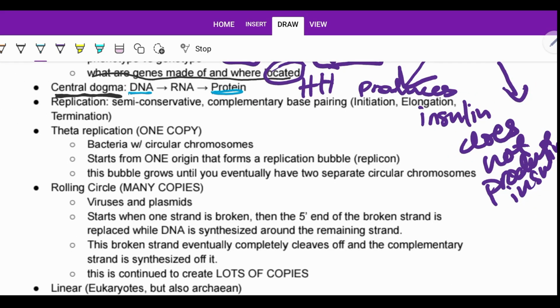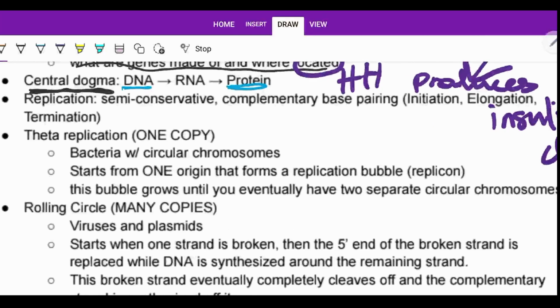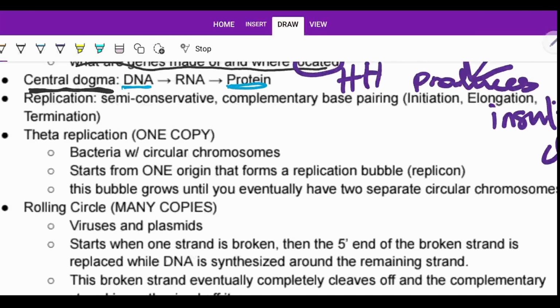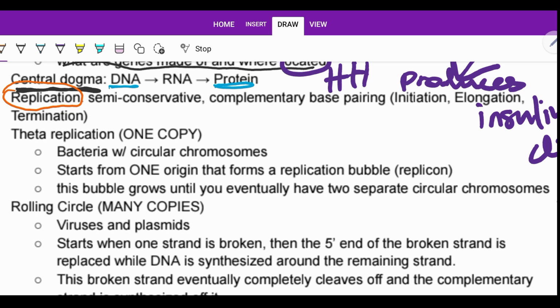So first of all, before we get into that, we need to go over replication of DNA, because that's how we can continue to have our DNA. That's how cells can divide. So this is how we maintain DNA. Replication is semi-conservative.